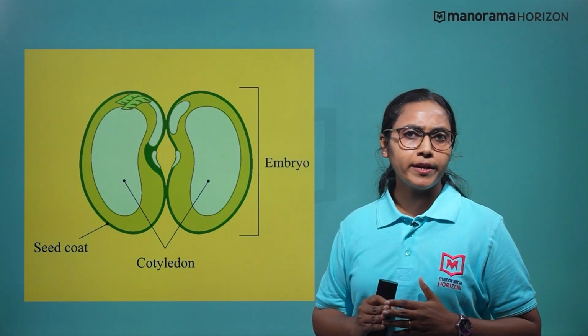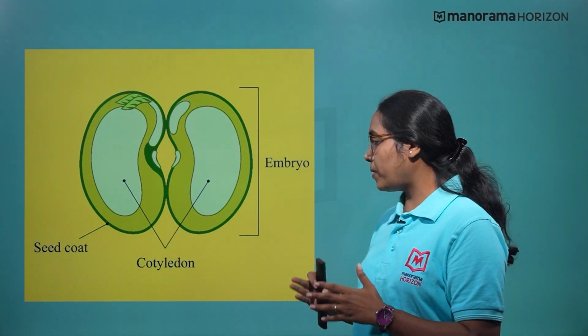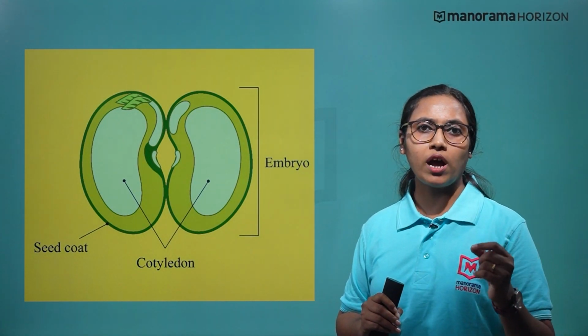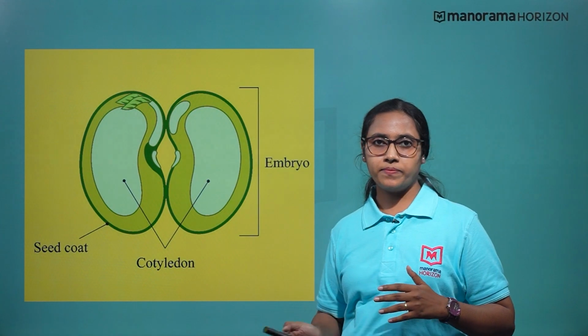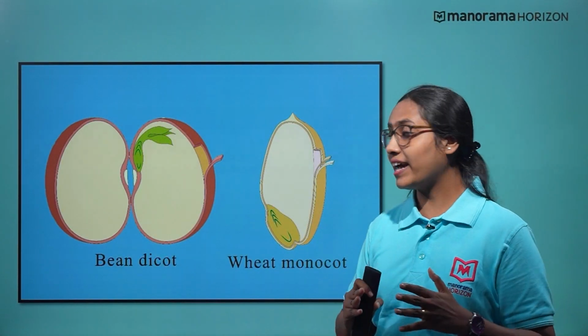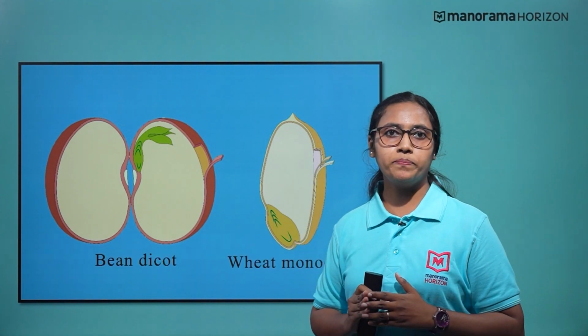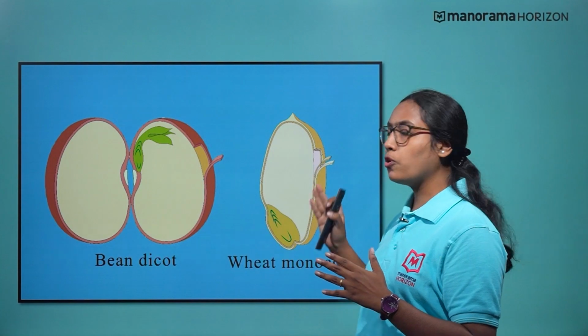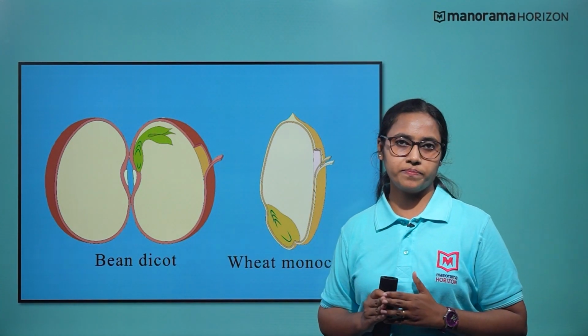It is the embryonic leaf in seed-bearing plants. The angiospermic seed may have either one or two cotyledons, that is, monocotyledons and dicotyledons respectively.